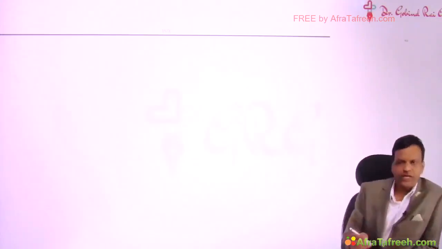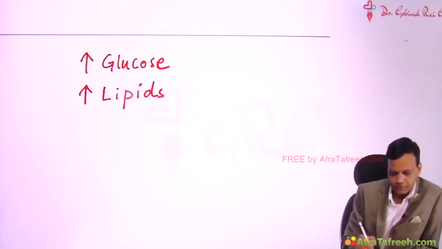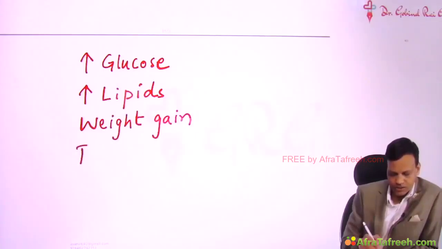But as a group, atypical antipsychotic drugs cause metabolic problems. Metabolic problem means they can cause hyperglycemia, hyperlipidemia, weight gain, and insulin resistance.